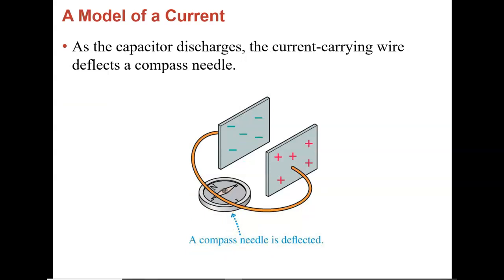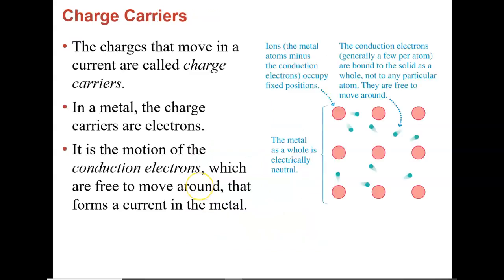Interesting thing about this is this also is able to deflect a compass, which means there's some magnetic features to it. So the charge that moves is kind of a charge carrier through your conductors. In metals, the charge carriers are the electrons.